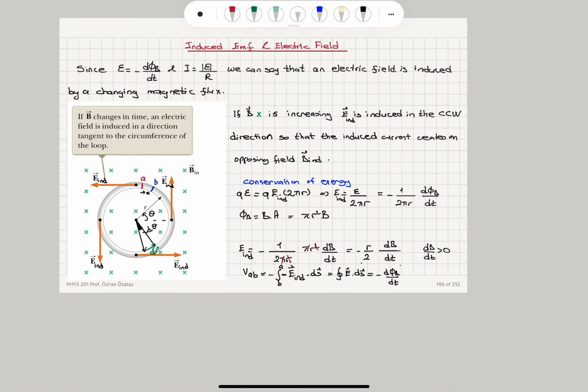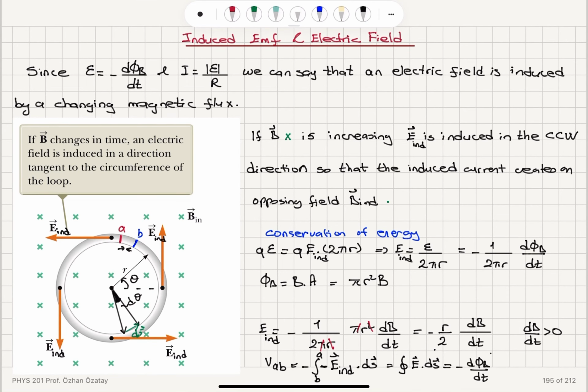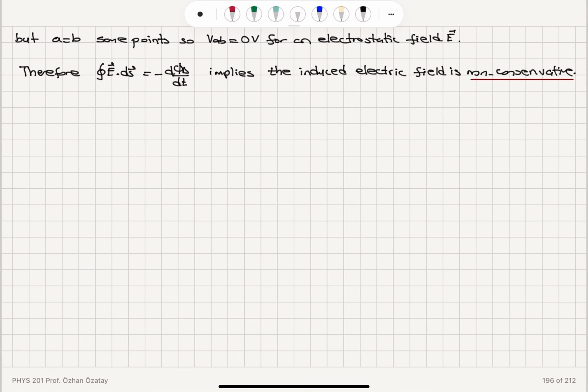If I consider two adjacent points A and B and try to find the potential difference between A and B, the induced EMF is basically telling me that it is minus d phi B dt, but at the same time, since A and B are the same points on this wire, when they approach each other, the potential difference should be 0 because ds is 0.